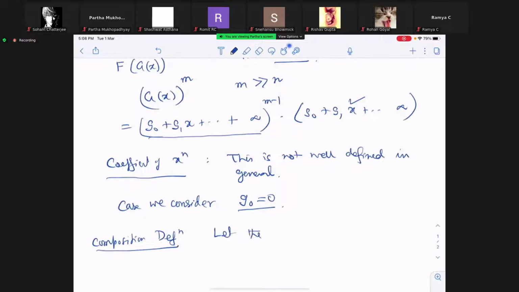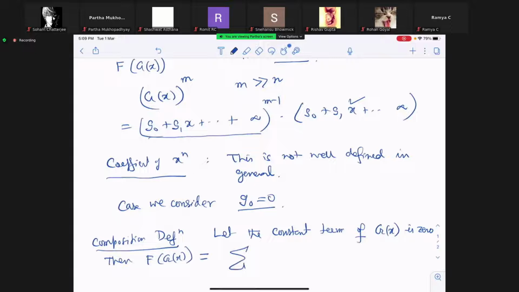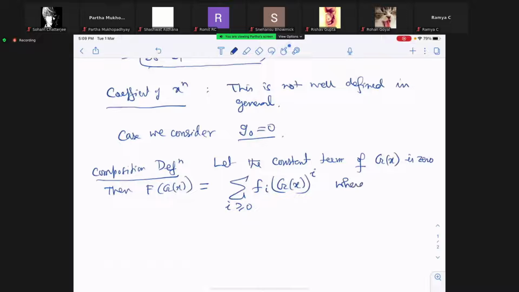Definition: let the constant term of g(x) be 0, then f(g(x)) is equal to the sum of f_i times g(x) to the power i.